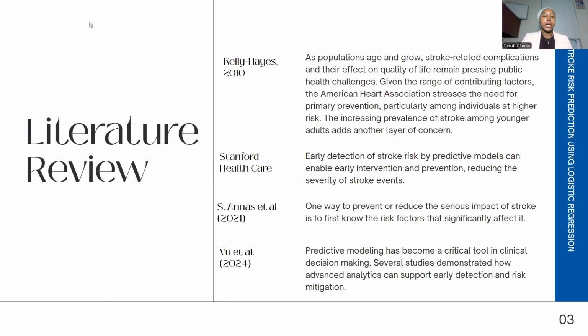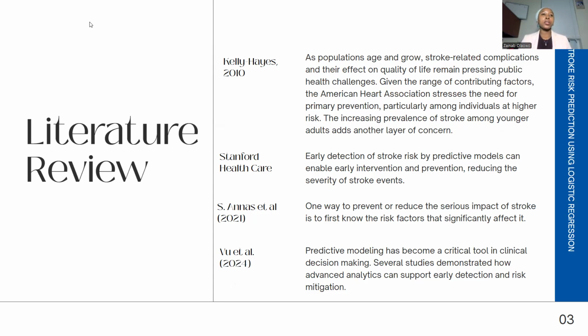Some of the literature that I was looking at: Kelly Ayers in 2010 said that as populations grow and age, stroke-related complications and their effects on the quality of life remain pressing public challenges, right? And the American Heart Association also stresses the need for primary intervention.